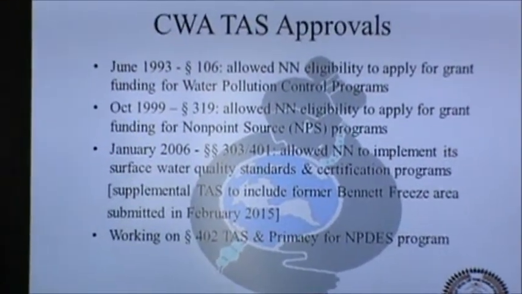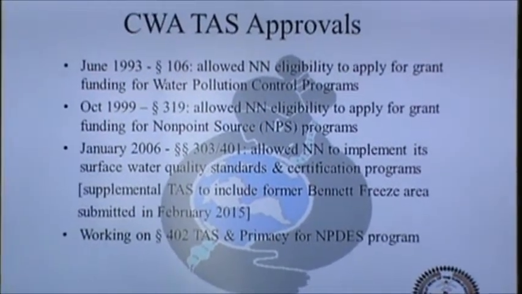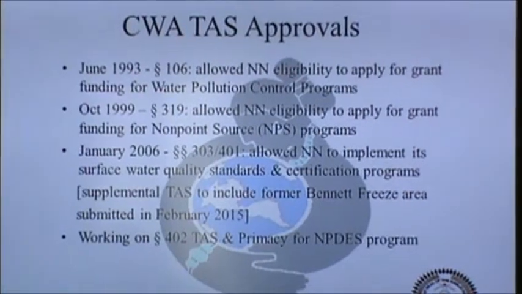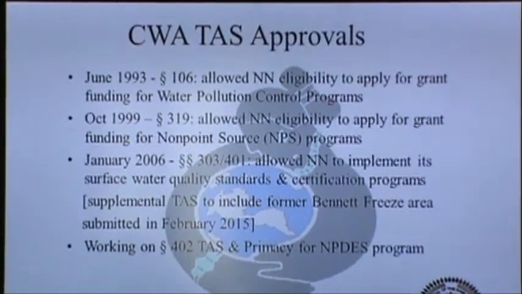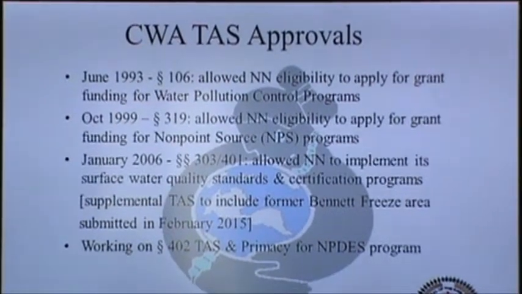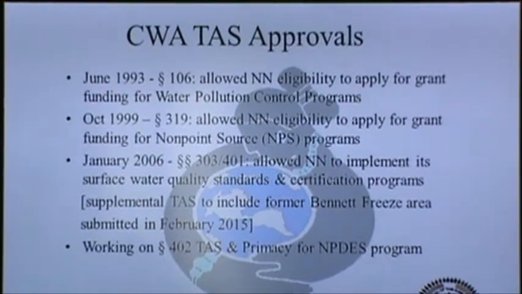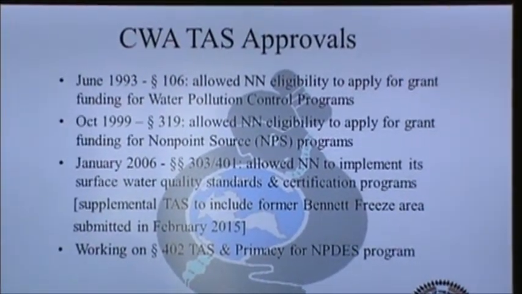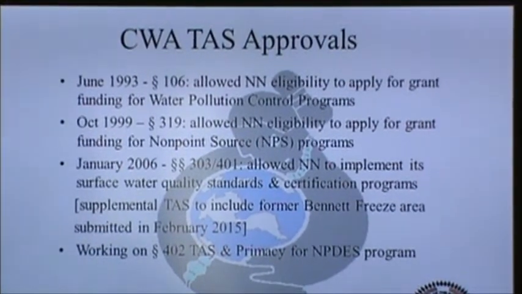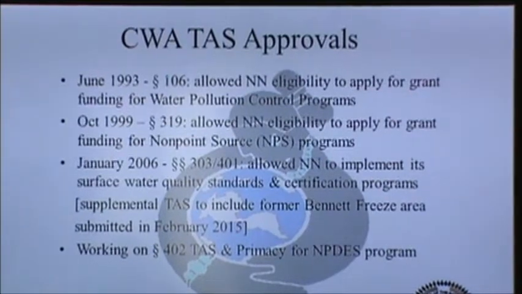This is our history of our treatment as a state approvals. The first one was in June 1993. We got approval under Section 106. What this gave us was the ability to apply for funding, which makes it possible to run our programs. The second one was in October 1999 when we got treatment as a state for nonpoint source. Again, that just means more funding to operate nonpoint source project grants.